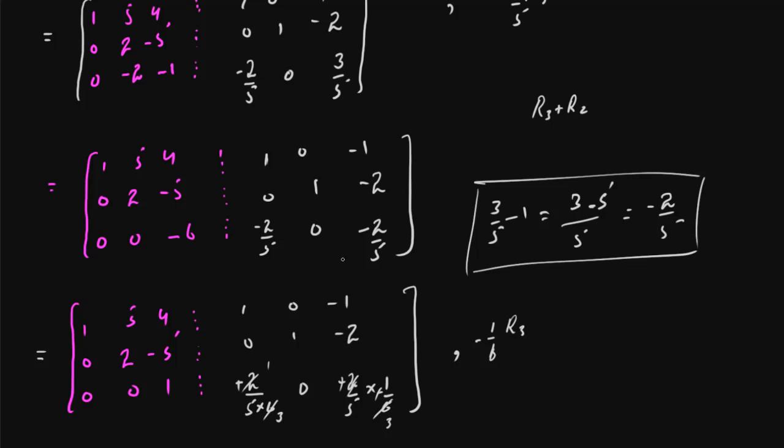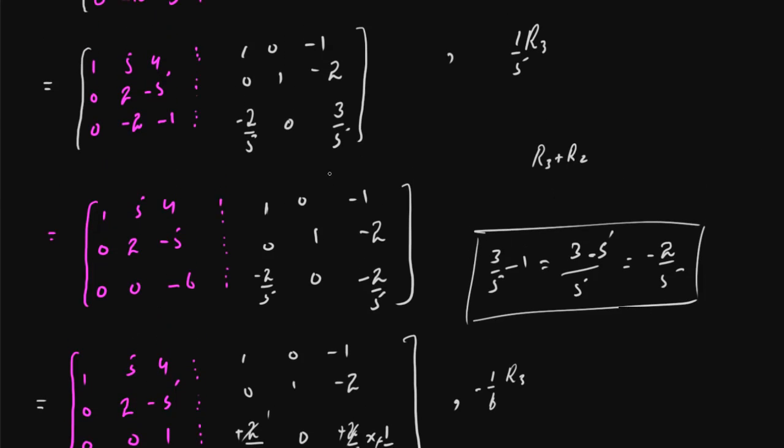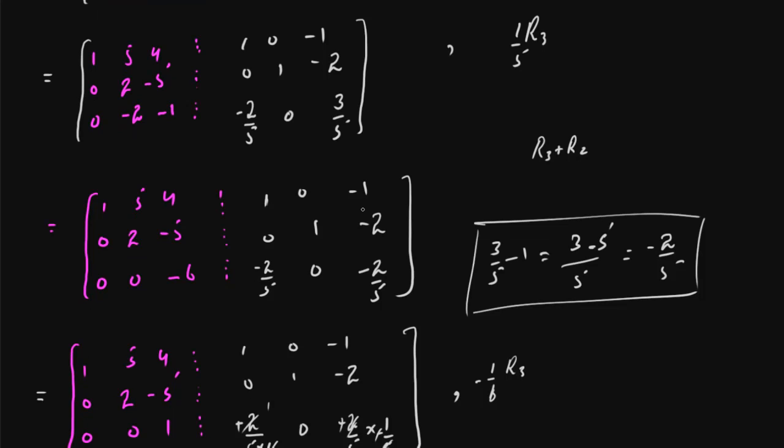Okay, that is not 2 over 5, that is 3 over 5, and we have done plus 1, 3 over 5. Let me just check what is wrong here. Okay, minus 1, we have R3 plus R2, and I have just added R1 to that, and therefore I'm getting some sort of mistake over here.